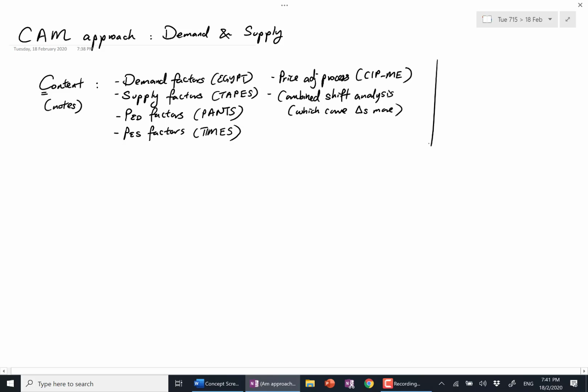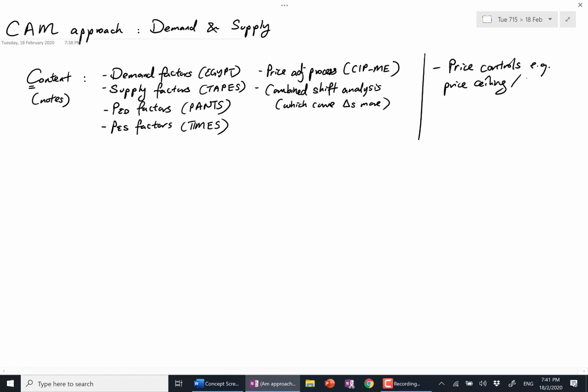You will also learn about the use of certain price controls, like price ceilings. A price ceiling is a maximum price. There's also a possibility of something called a price floor, a minimum price.